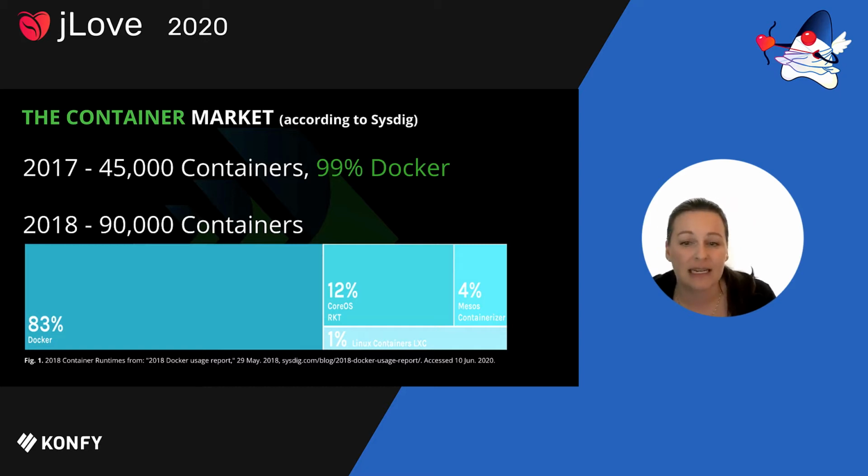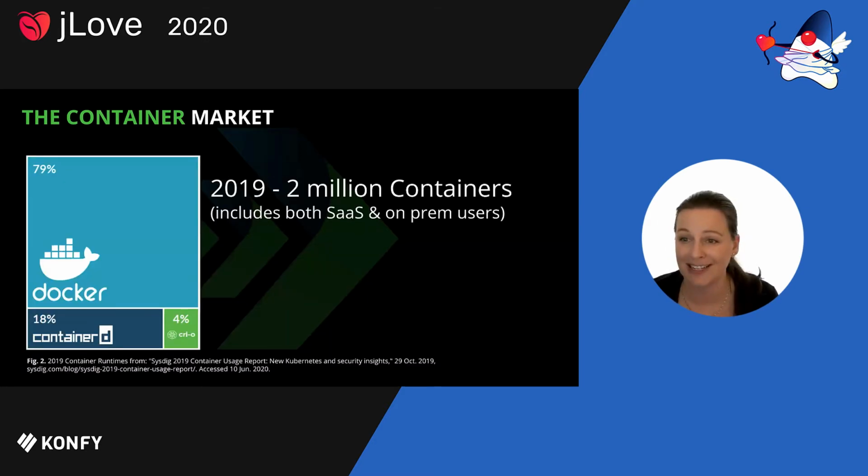In 2018, you can see twice as many containers. Now we're getting a little bit more variety. We see CoreOS on the scene, we see Mesos. So it looks like some other container runtimes might be encroaching a little bit on the Docker space. In 2019, now we're up to 2 million containers, quite a bit more.